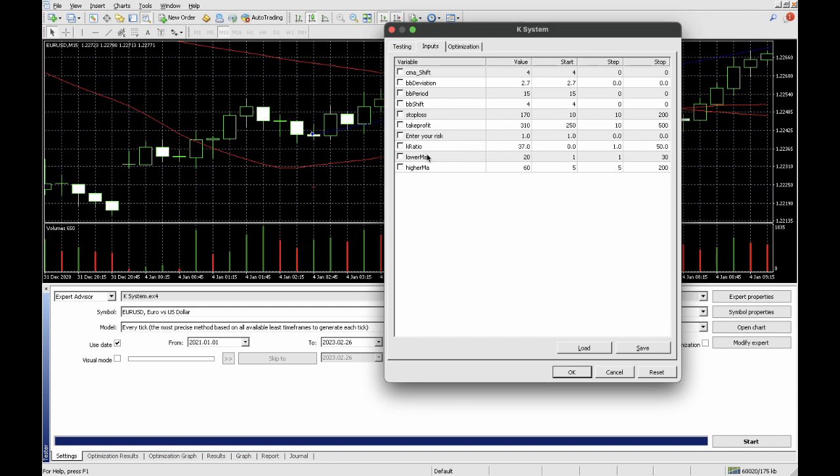Now we have the lower MA set to 20 and the higher MA set to 60, and this means that we can only enter a buy trade when the lower MA is below the higher MA, and enter a sell trade when the lower MA is above the higher MA.